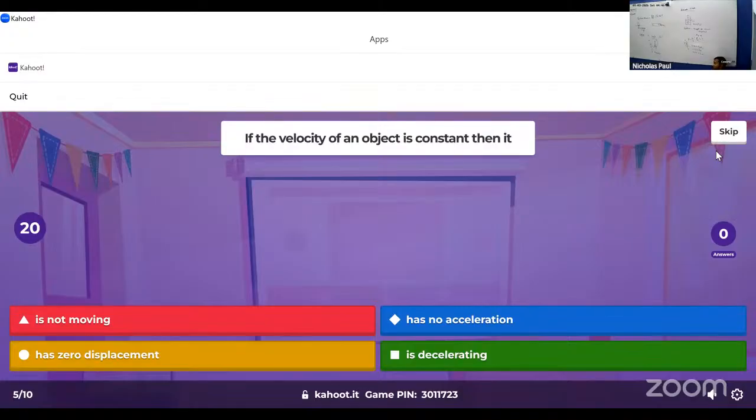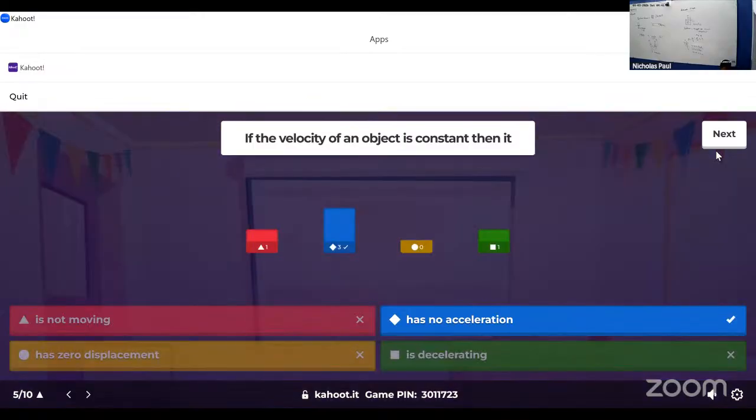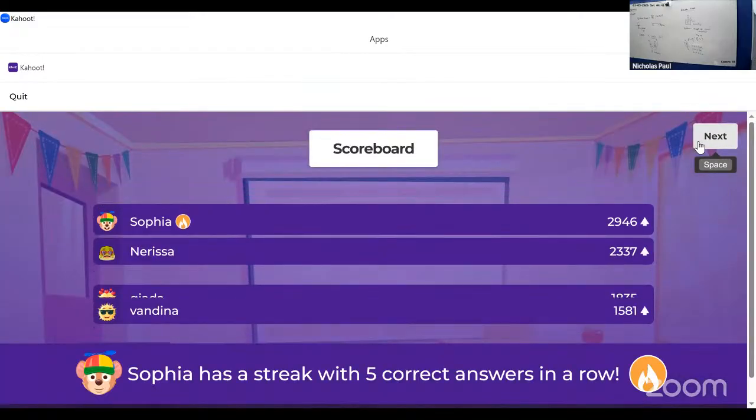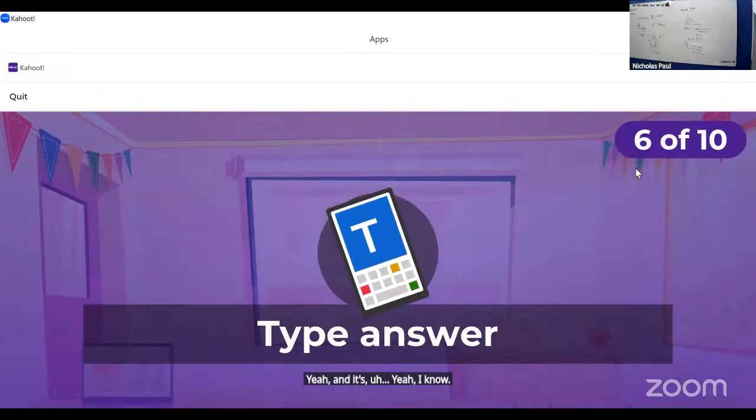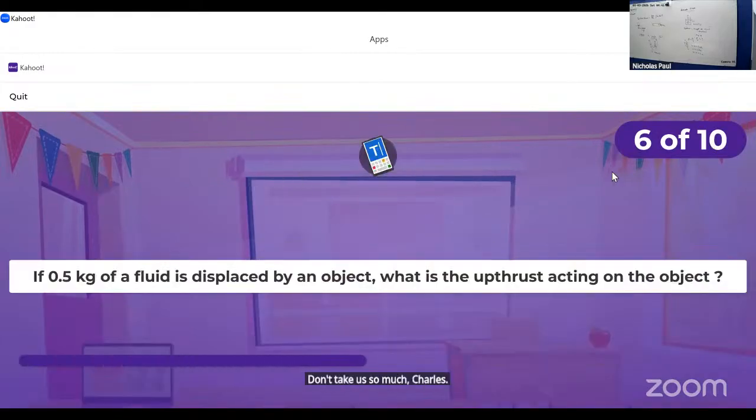Alright, it's a mixture of mechanics, so we got to do it. Yeah, and it's, yeah, now you can log out. Don't take us so much. Find the option quick.